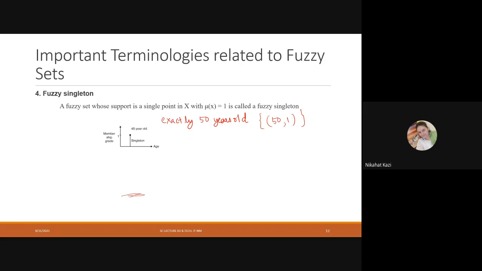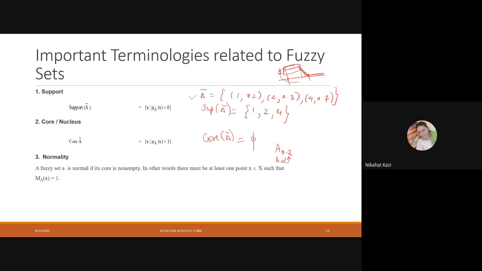So what is this alpha cut, A 0.2, with respect to this set? It is 1, 2, and 4. Okay. What is A 0.3? 2 and 4. That is how you define alpha cuts.